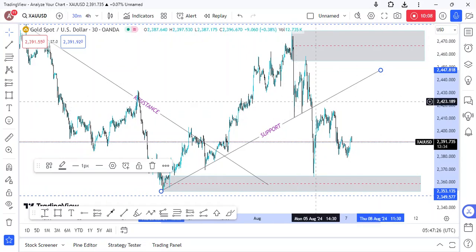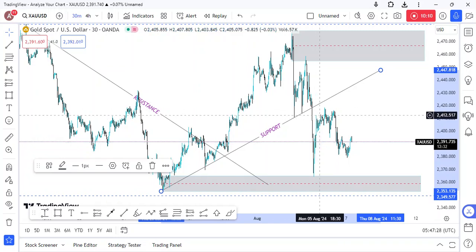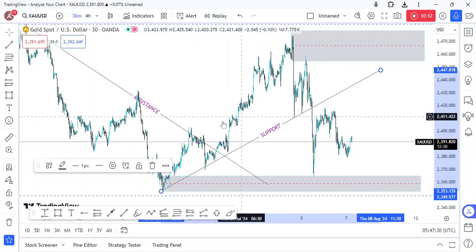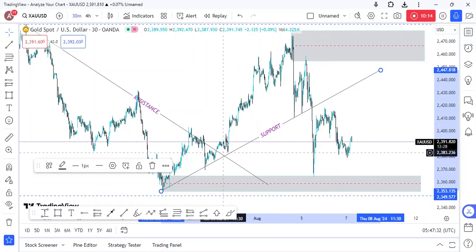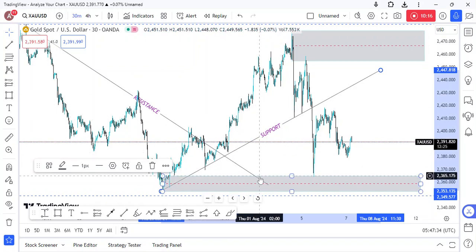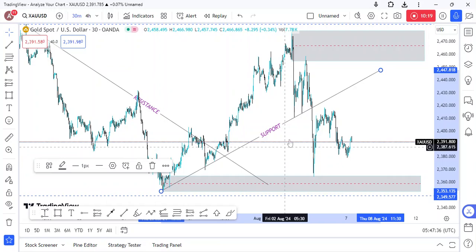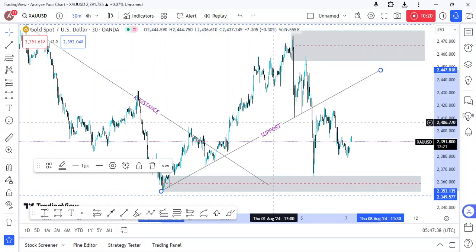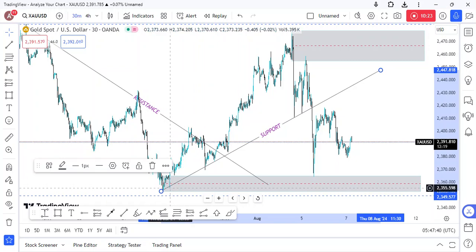When a support is inverted, it becomes a resistance, just like this. The market came all the way to test it and then it started flying again. So you keep modifying your support. When I join some lows, then you lock it so that it doesn't move.